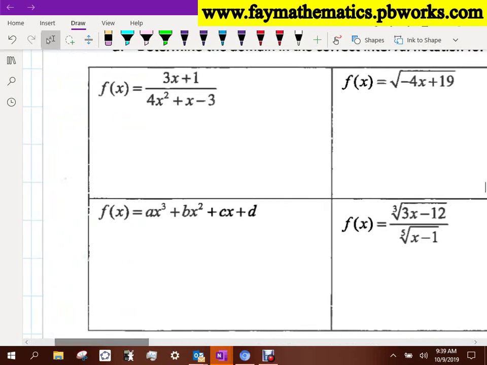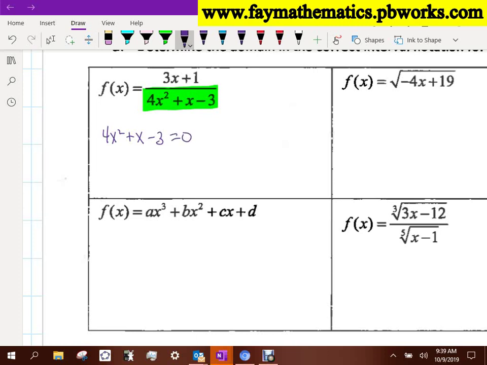What is the domain concept here that gives us a problem? Division by 0. Okay, so we need to take that thing and see where the bottom would be 0. Okay. So now you've got a factor, right?